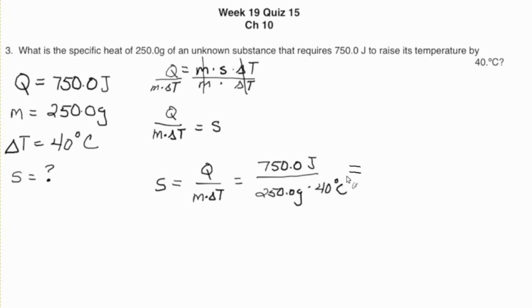When I punch all those numbers in, I get 0.075 joules per gram per degree C. And those are the appropriate units for specific heat. So that's the final answer for number 3.